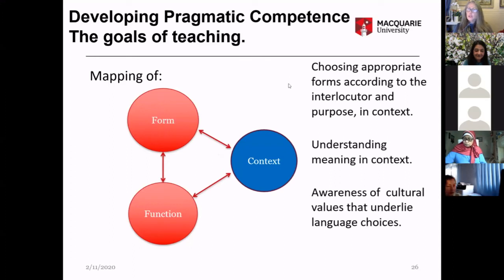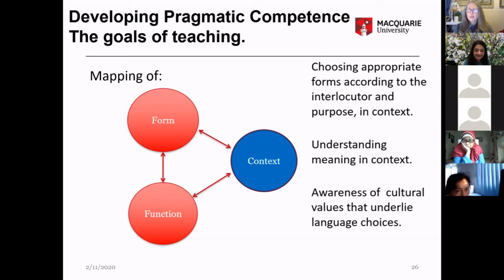It involves choosing appropriate forms according to the interlocutor, that means the person that you're talking to, and the purpose of what you're saying, and in context. And you need to teach your students about understanding the meanings in context. So they don't just get the words written out with nothing about who's saying them and where and so on. It always has to be in some kind of context.